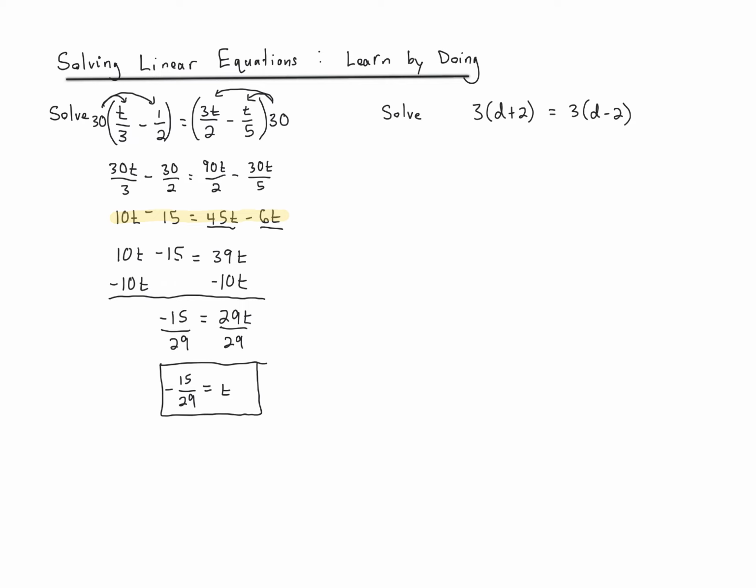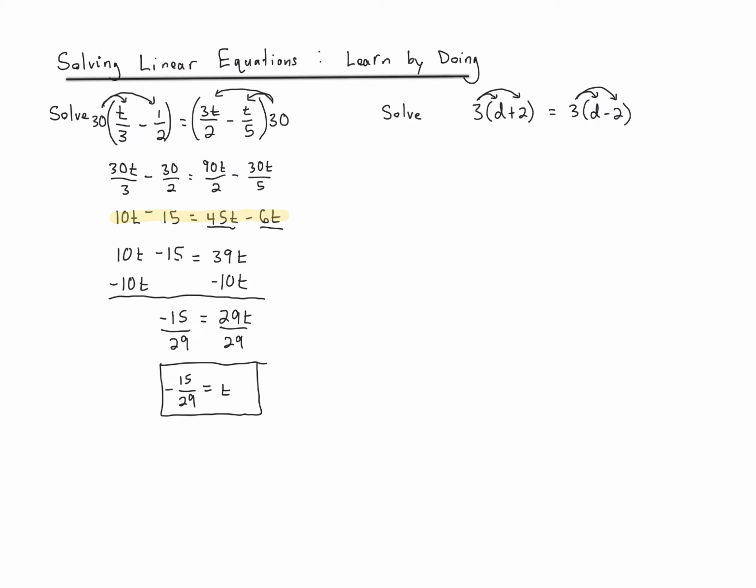Solve 3 times the quantity d plus 2 equals 3 times the quantity d minus 2. What should we do first here? The first thing we need to do is distribute the 3's on both sides to get rid of the parentheses so that we can then continue solving the equation.